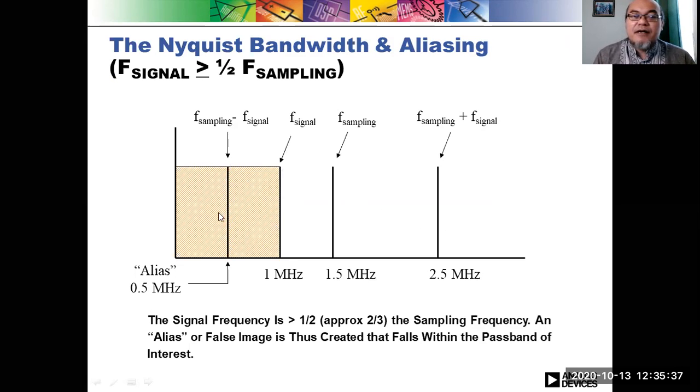So the 0.5 megahertz will become an alias frequency, which will appear in your reconstructed signal but is not there in the original signal. An alias or false image is thus created that falls within the passband of interest. So some additional signal seems to appear.